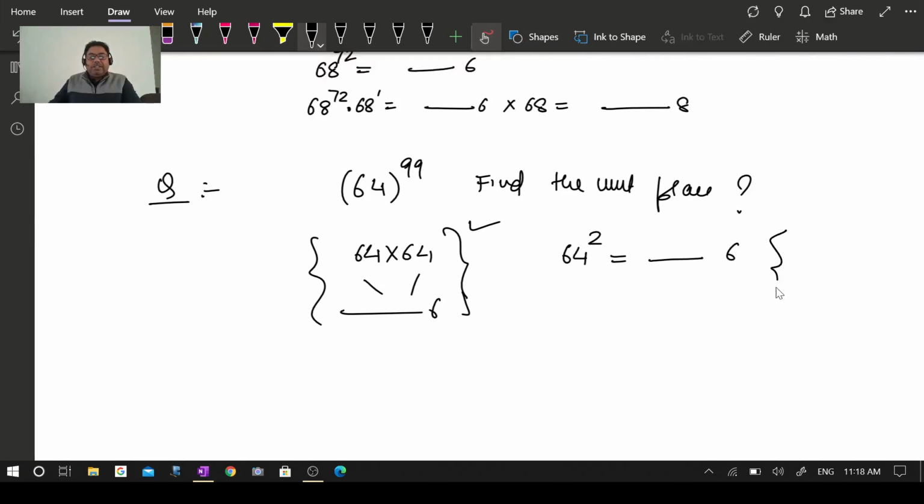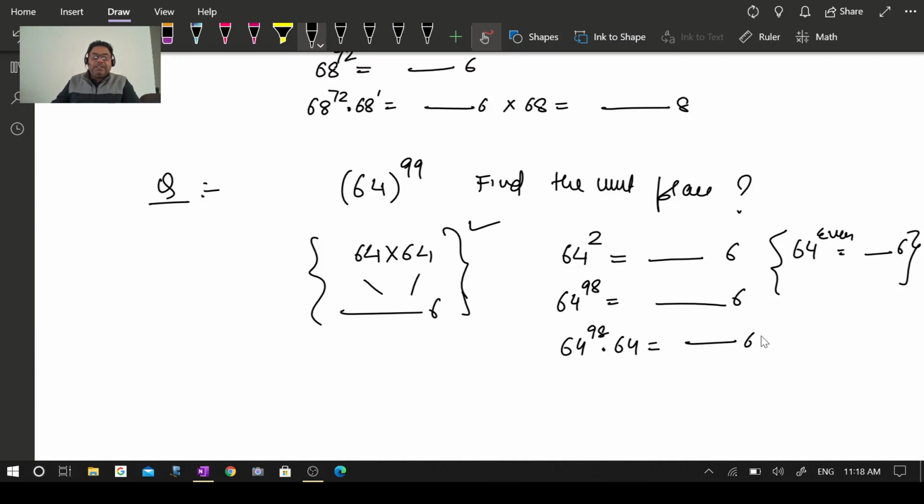Now automatically 64 raised to the power even gives you 6 at the unit place. So obviously 64 raised to the power 98 also ends with 6, which means 64 to the power 98 into 64 ends with 6 into 4, which is equal to 4.